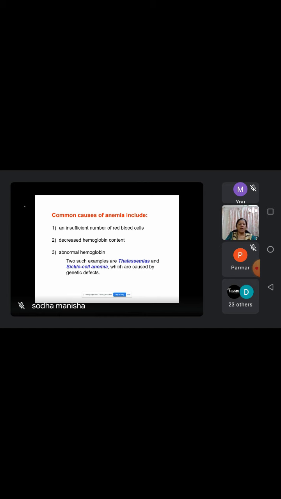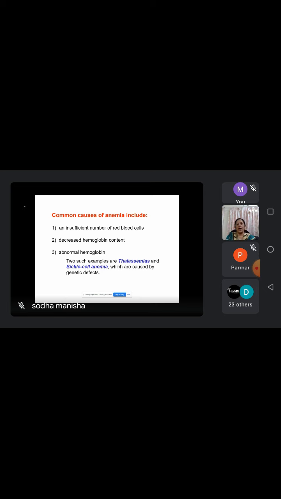In this case, the size of the red blood cell will be less than 7.2 micron. Normally, the diameter of a red blood cell is 7.2 micron. But in hypochromic anemia, RBCs will generally be of smaller size, less than 7.2 micron diameter.